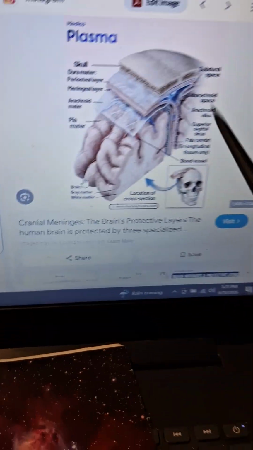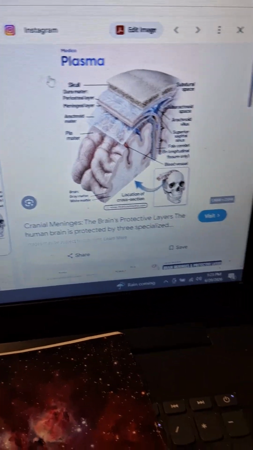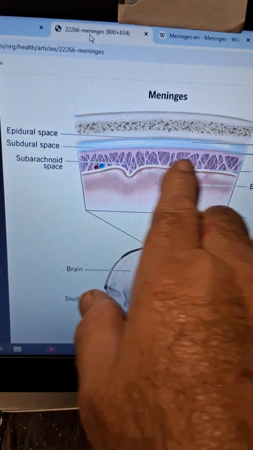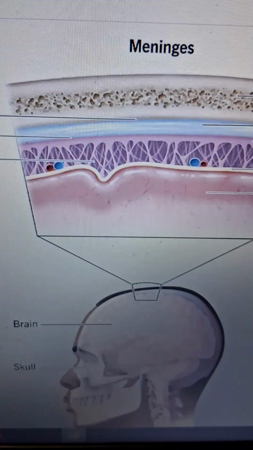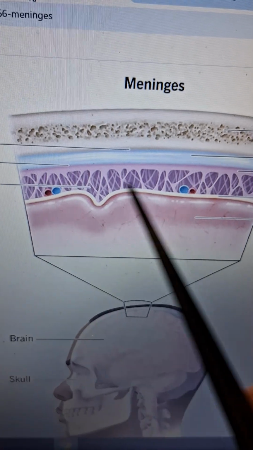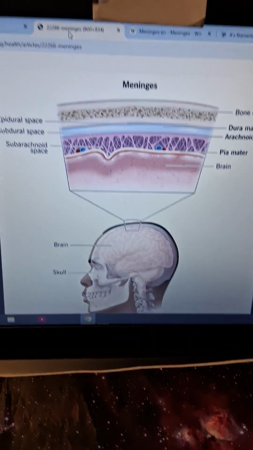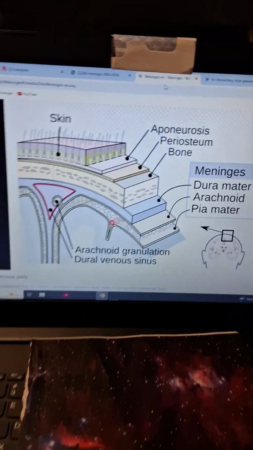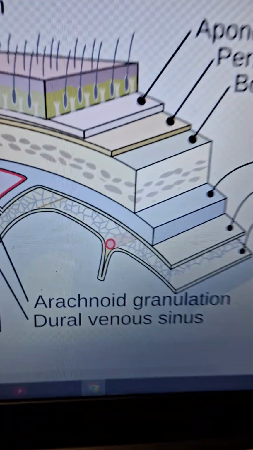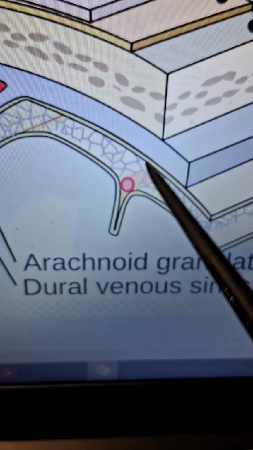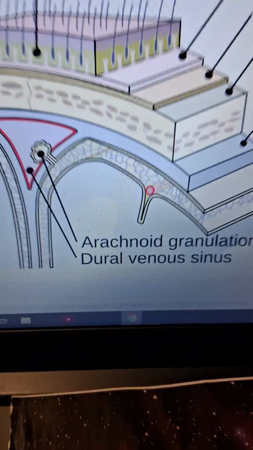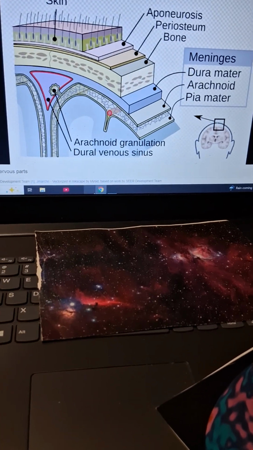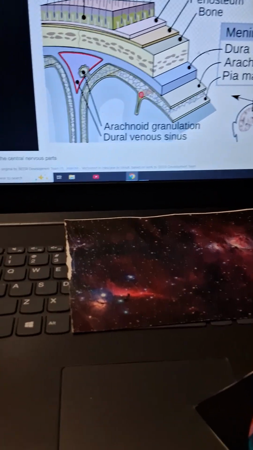So each one of these layers in this brain, right here, you see how they fall around. That we'll show you what this is right here in a little bit. It's so cool. But that picture, these layers, you see that area right in between there? I don't know where it is.